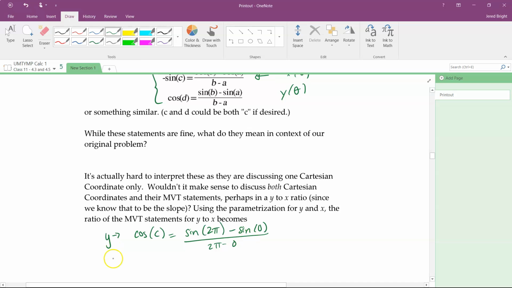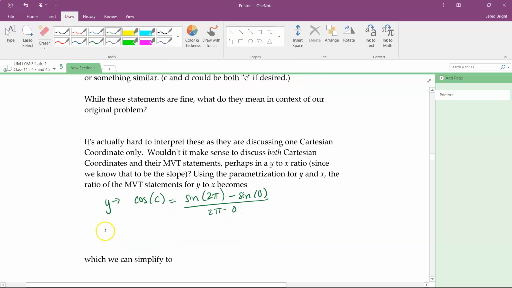Okay, and similarly, x is negative sine of c, which is the instantaneous rate of change, and that's equal to cosine of 2 pi minus cosine of 0 over 2 pi minus 0.